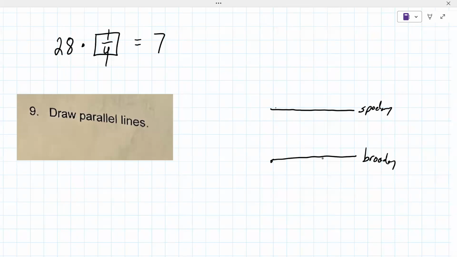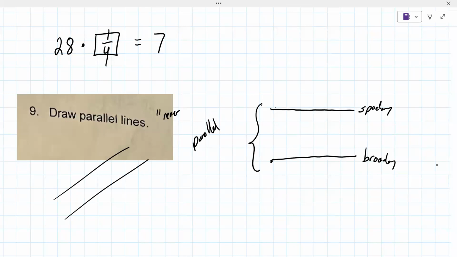So these are considered parallel. Now, they don't have to go horizontal. They can go any direction. The idea is that parallel lines never intersect. Touch isn't the best word, and intersect is the preferred word. It's not a math word, unfortunately. So your answer for 10 is correct.